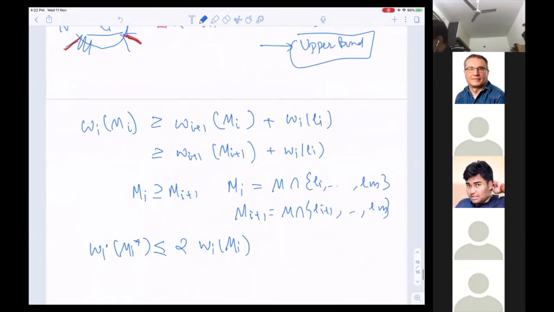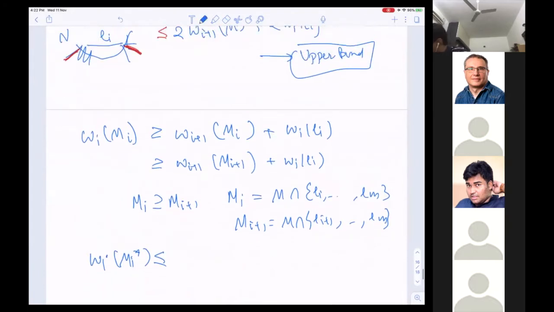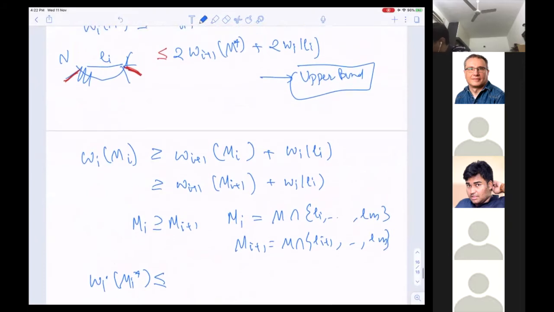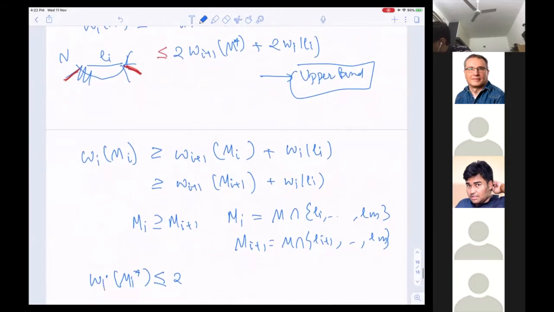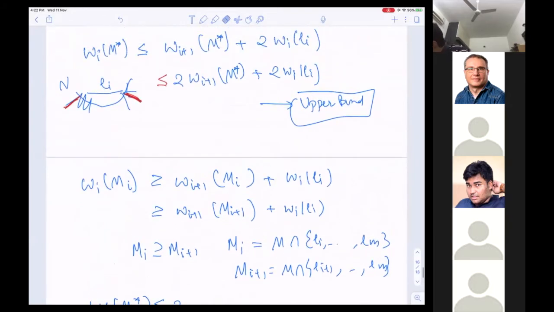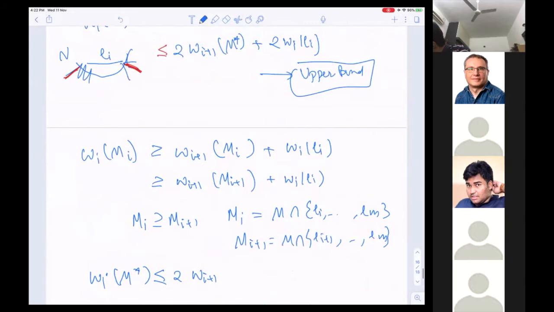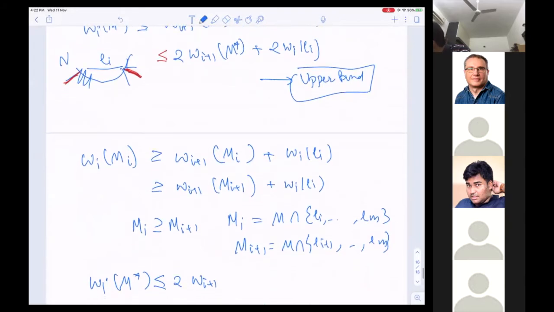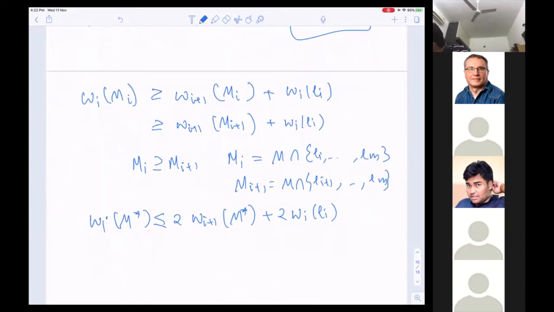Okay, so if this is not clear, let's see. What did we write here? Let's see this here. This is from here, I'm saying weight i of M star is less than equal to 2 times Wi plus 1 M star plus 2 times Wi Ei, which is less than equal to, if I take Wi plus 1 M star plus Wi Ei, right?